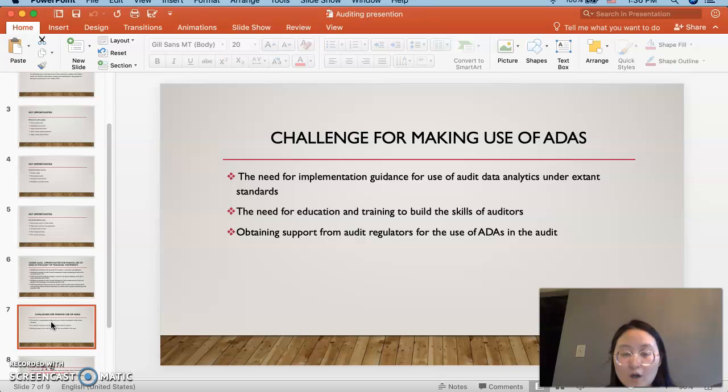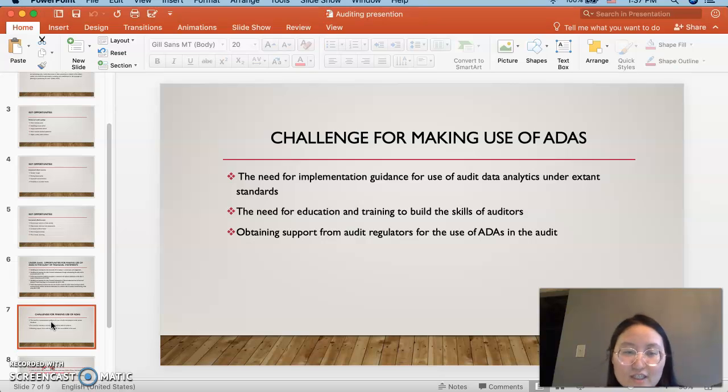Many stakeholders struggle with how to implement audit data analytics with the conceptual principles of existing auditing standards. They need practical guidance for how audit data analytics can be utilized in the areas of the audit where they may be most beneficial.